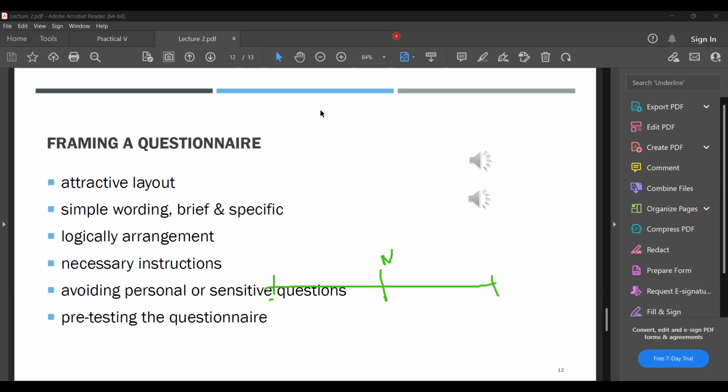And the next thing is you have to use simple wordings, and your questions should be very brief and specific. Actually, this is based on the audience.